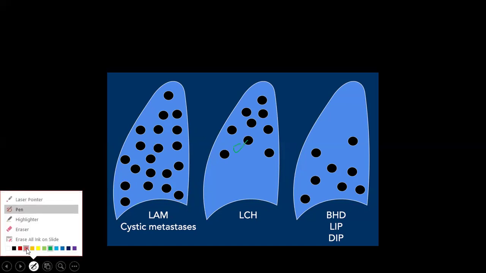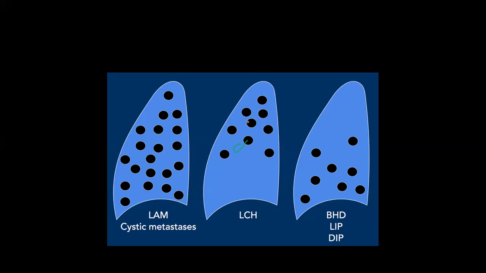They won't be symmetrical and rounded. In fact, they would be very much bizarre in size and shape. And they would be sparing the lower lobes, right? You cannot see any cysts in the lower lobes. Next comes BHD, which has strong lower lobe distribution, right?